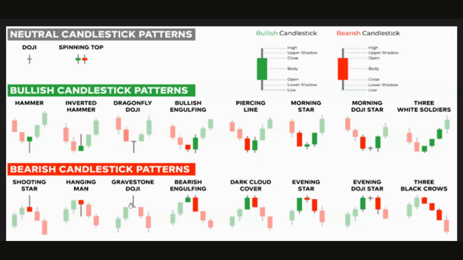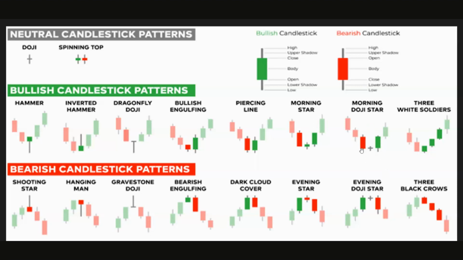The gravestone doji is the reverse of the dragonfly doji. Again, we were in an uptrend, we came up here to the high, and then sellers came in and started to push the price back down, and then we jump into a downtrend.